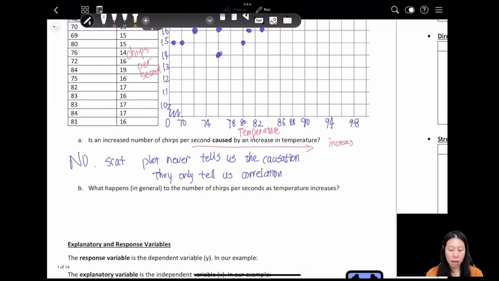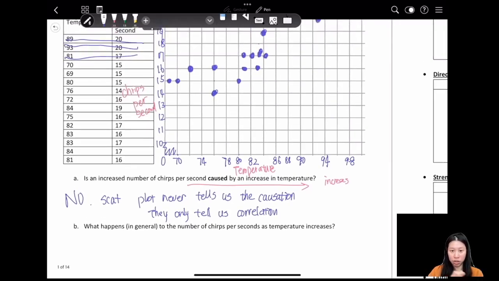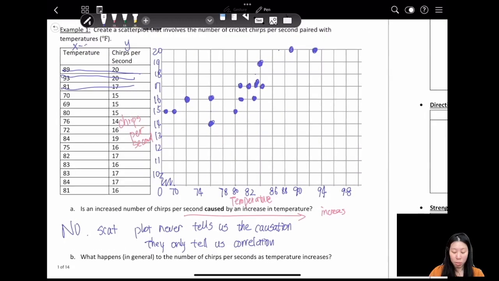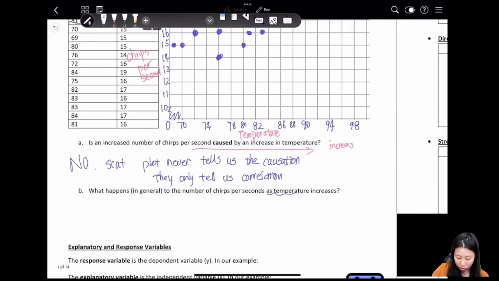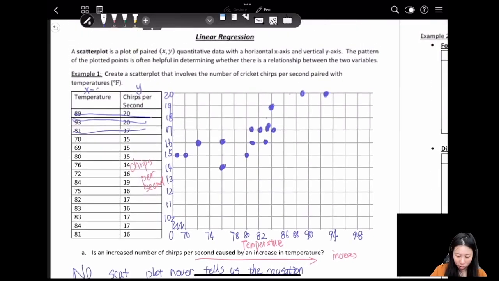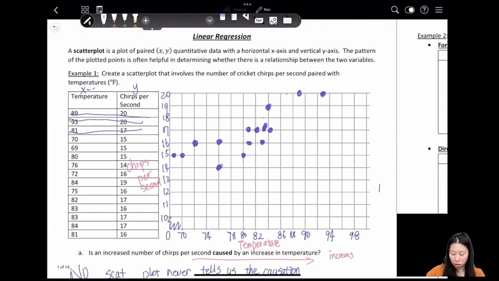Okay, so what happens in general to the number of chirps per second as the temperature increases? So look, when the temperature increases, that means the data goes from the left to the right. So what happens? When temperature increases, which is our x, what happens to y? Y goes up, right? From the bottom to the top.